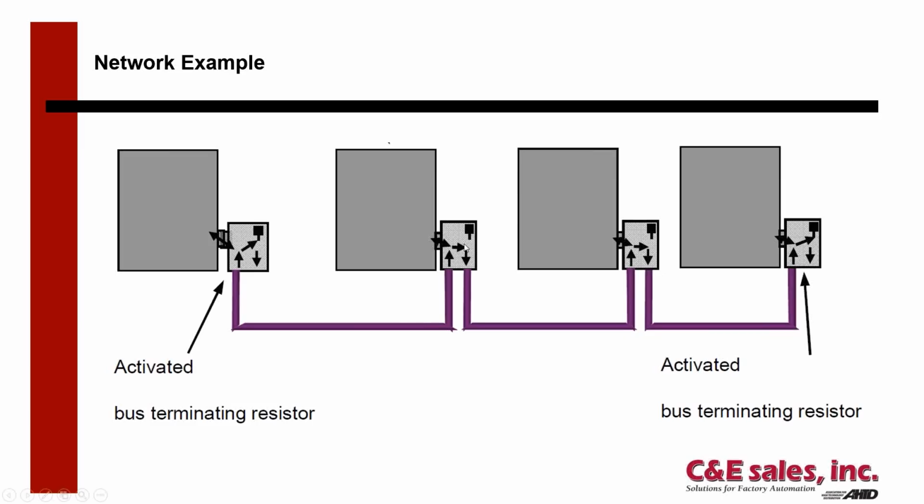That's as good as disconnecting the rest of the network, so I can isolate the network and just worry about getting the PLC talking to this first device. Once I get that working, I may turn off that terminating resistor and then move on down the line. It's an easy way of breaking up your network for troubleshooting, but it only works if you go from the outside port of your CPU to the outside port of your first device, and then inside, outside, outside for the rest of the daisy chain.